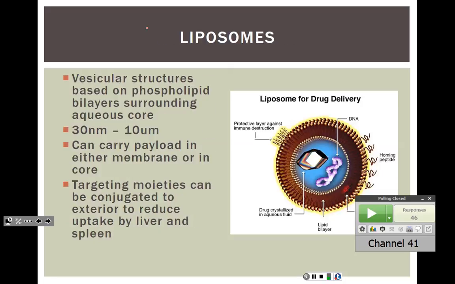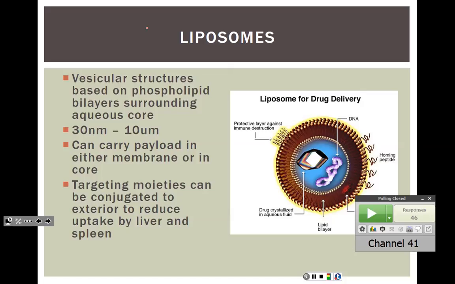Liposomes are here though. Liposomes represent a type of nanoparticle structure. There's a little bit of resistance to calling these nanoparticles because they can range anywhere from 30 nanometers to about 10 microns. They can get quite big and thus not nanotechnology. Essentially, these liposomes are vesicular structures, kind of like an empty cell.